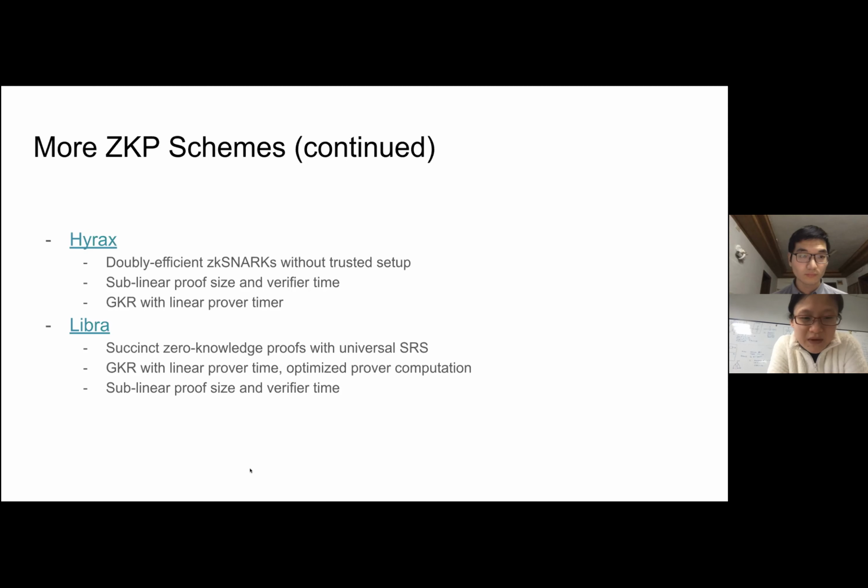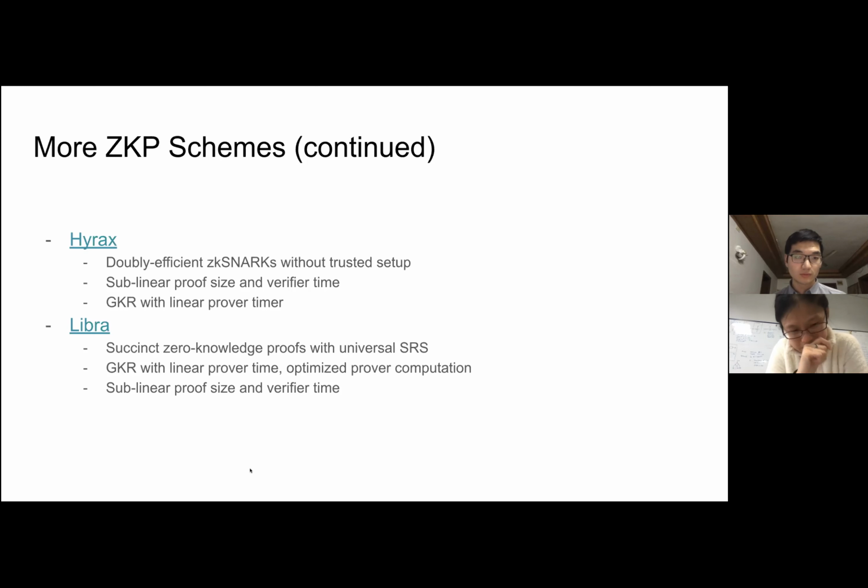It is GKR based, so in principle it is suitable for parallel computations. And Libra, like Hyrax, comes with an optimized prover.